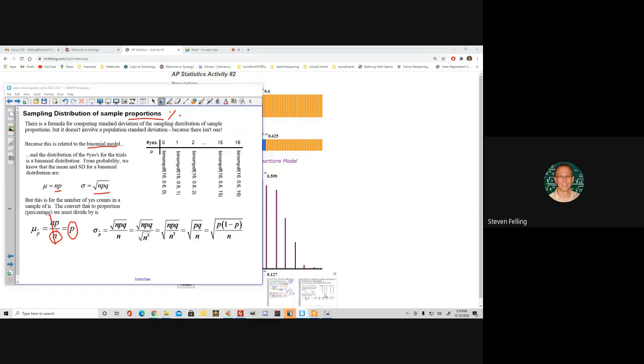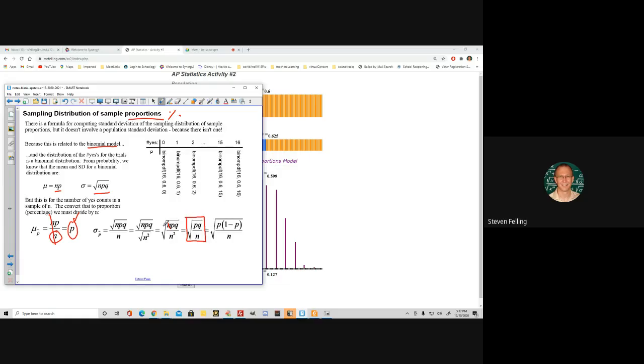So the formula for the mean of the sampling distribution for p hats is the population percentage of yes. And for the standard deviation, if you take the square root of npq and divide that by n, that's the same as dividing by the square root of n squared. And if we put that inside the fraction, this n gets canceled by one of the n's, and we end up with the square root of pq over n.